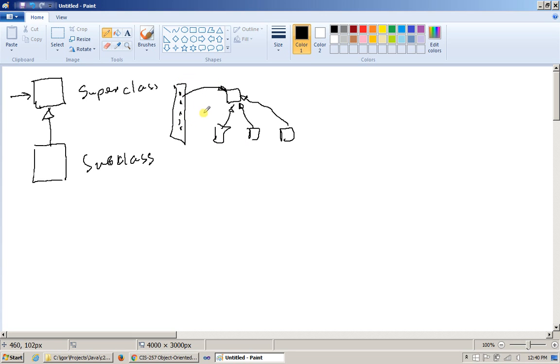But when we call methods on this superclass public interface, the methods are delegated to the actual implementation classes, and this is something we refer to as polymorphism.